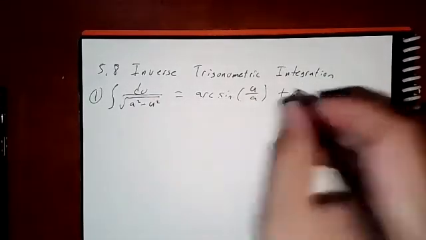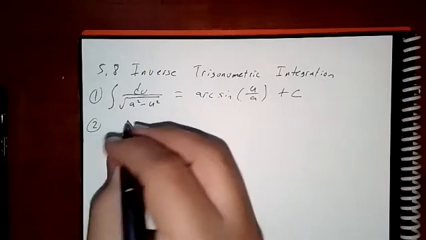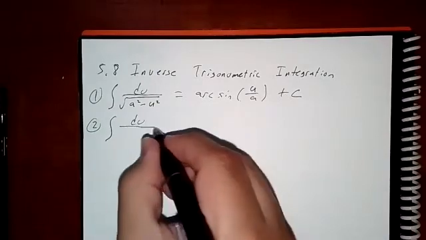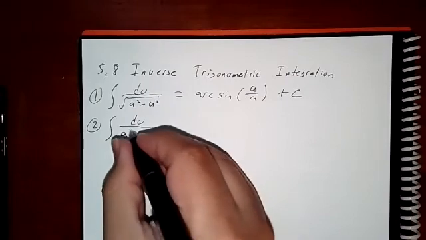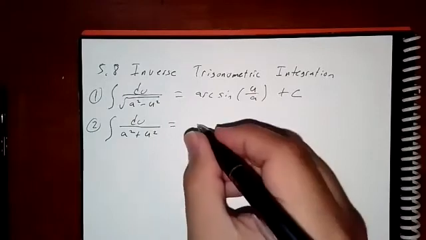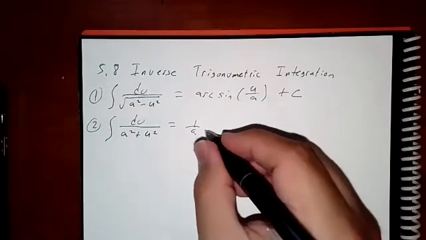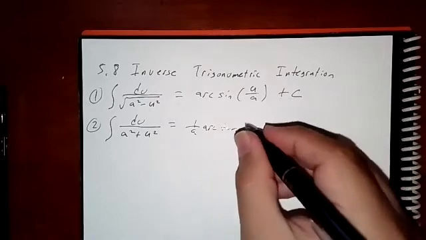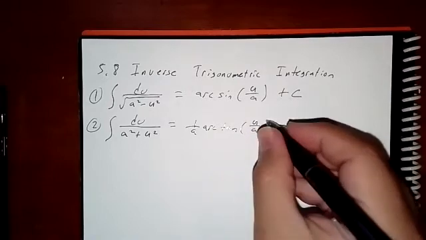Or if you prefer, you can write the sine inverse symbol, same thing. The integral of du over a squared plus u squared is equal to 1 over a arc tangent of u over a plus c.